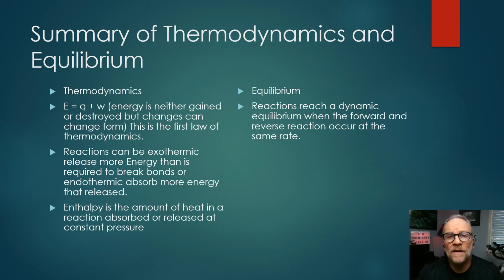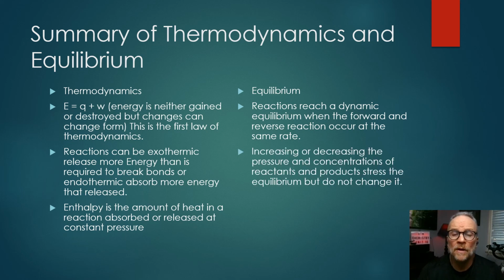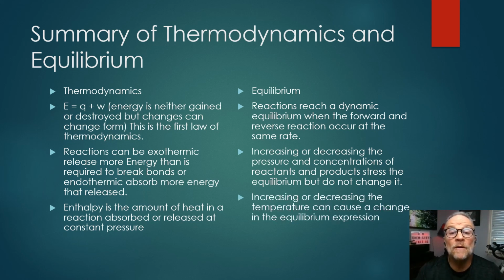And we said that equilibrium is established when the forward and the reverse reactions occur at the same rate. Increasing or decreasing the pressure and the concentrations of the reactants and products stress the equilibrium but do not change it. Increasing or decreasing the temperature can cause a change in the equilibrium expression.